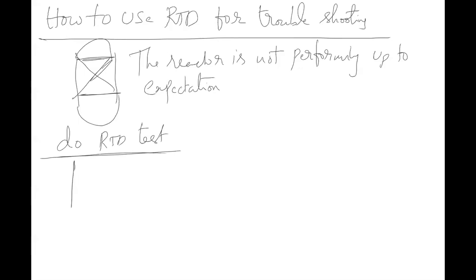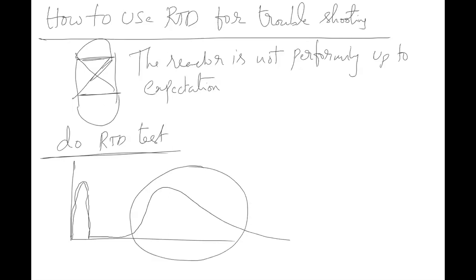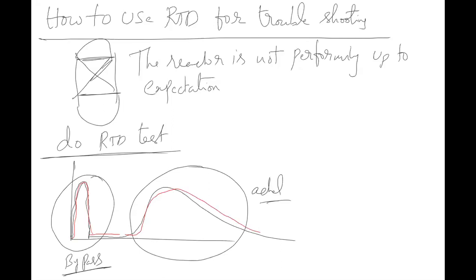Whatever RTDs we have given so far are ideal reactor RTDs. If you have a bypass, you will get a small peak before the actual reactor peak.